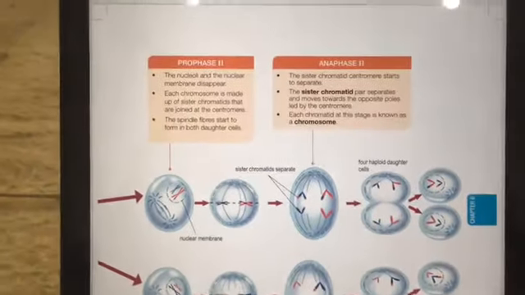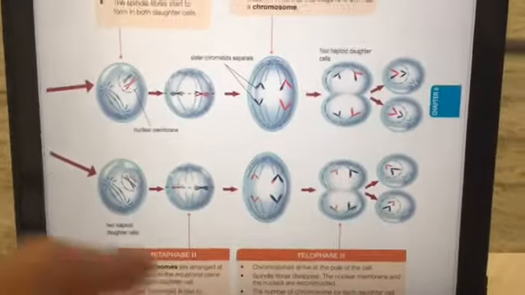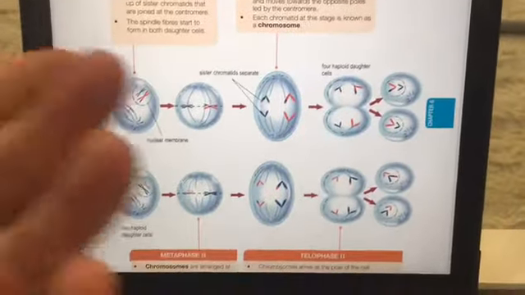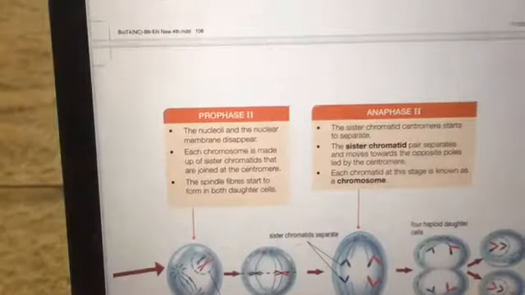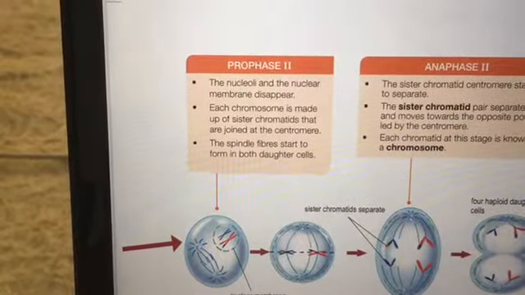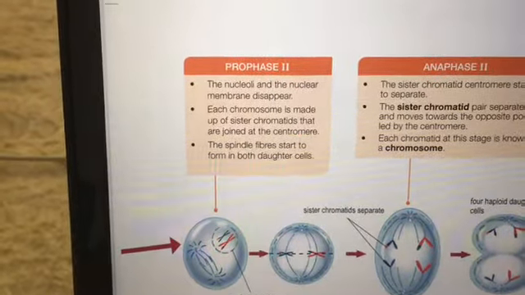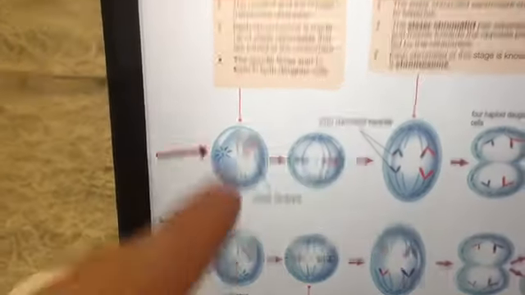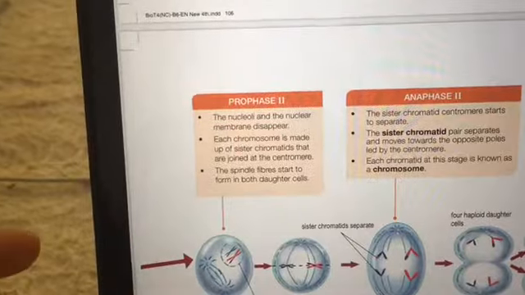Okay, let's just go through each phase one by one, and you can see why I said that these two are basically the same. So in meiosis 2, prophase 2, the nucleolus and the nuclear membrane disappear. Nucleoli is plural because we have two cells undergoing prophase 2 at the same time.